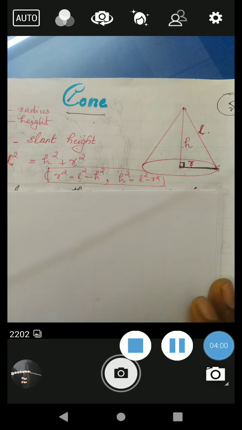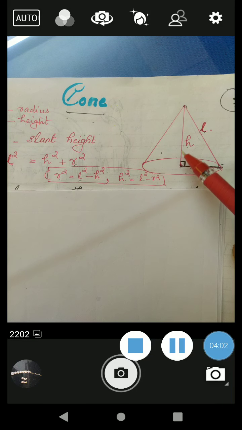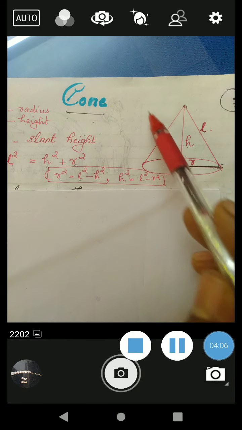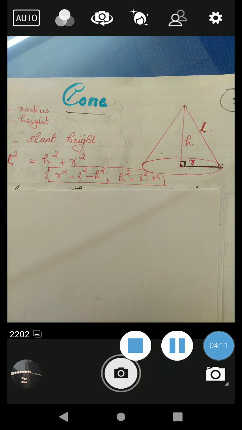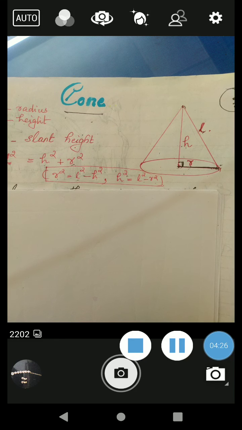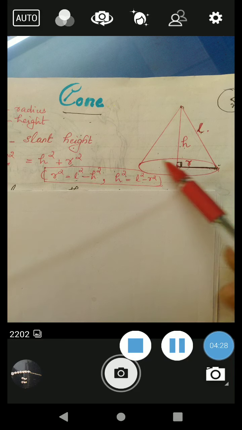Volume of a cone is 1/3 of the volume of a cylinder having the same radius and height. So the formula is volume of a cone equals 1/3 pi r square h. Base area is a circle, and that area is pi r square.